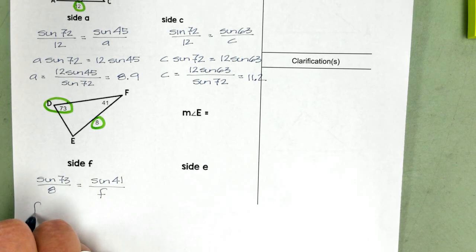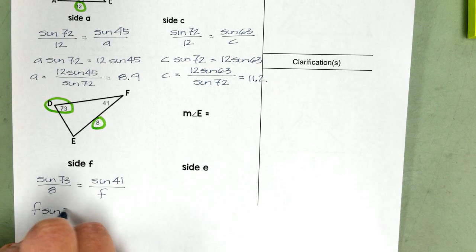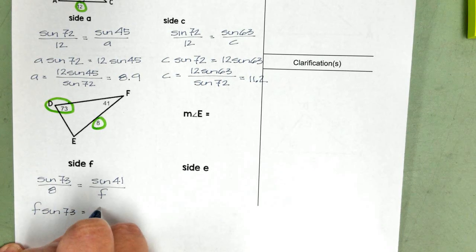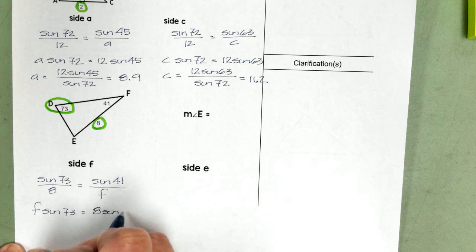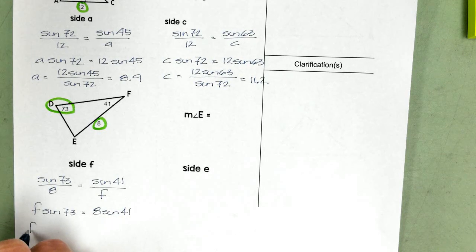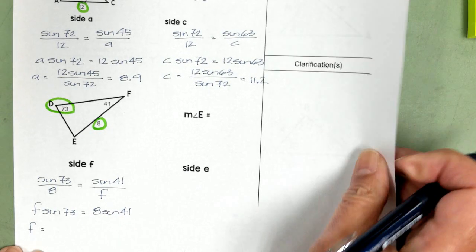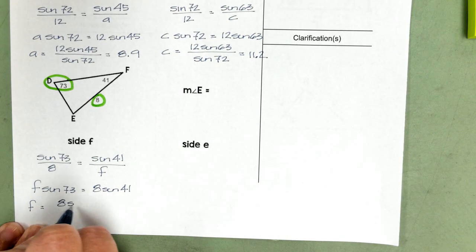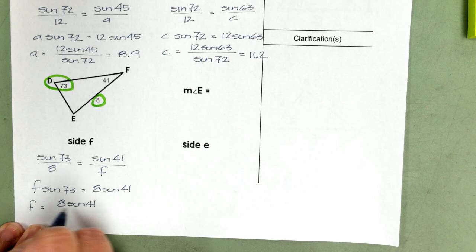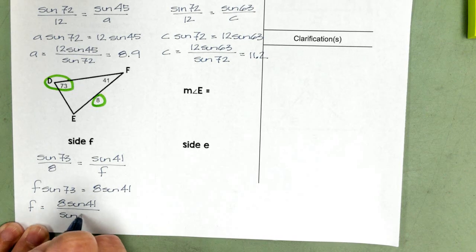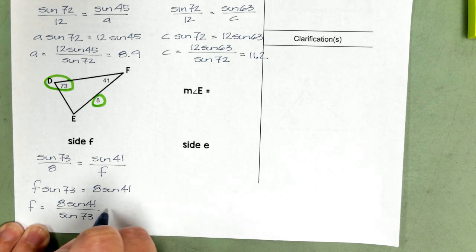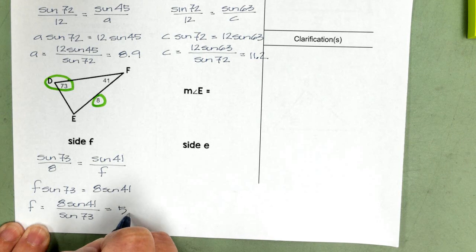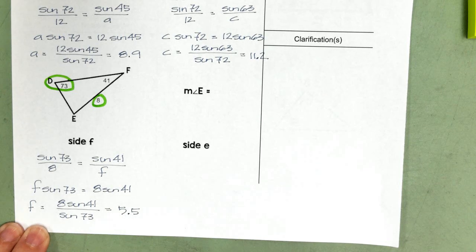Cross multiply. f times the sine of 73 equals 8 times the sine of 41. So f is equal to 8 times the sine of 41 divided by the sine of 73. I'm going to take that out to the nearest tenth. We have 5.5.